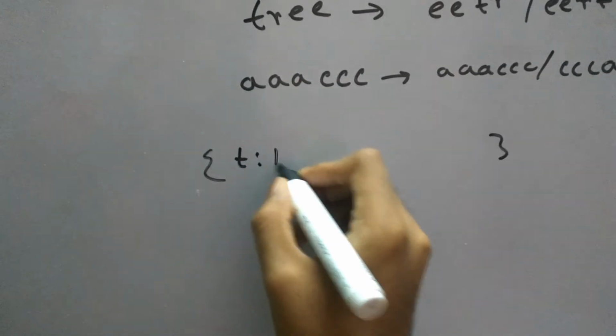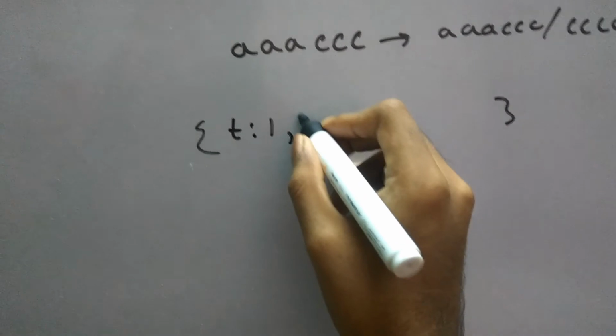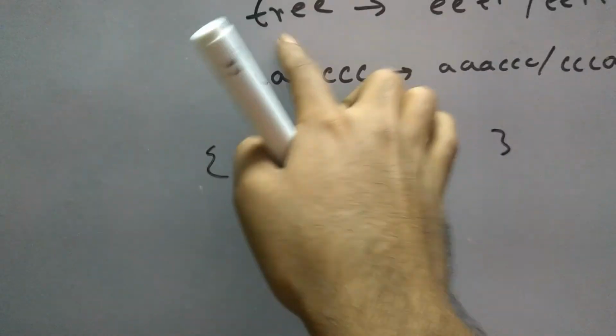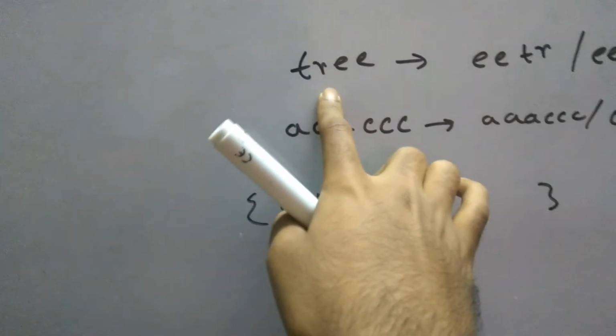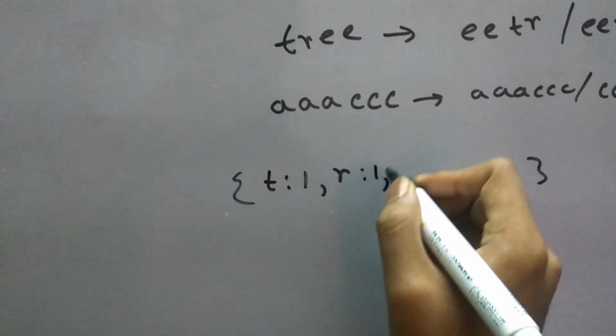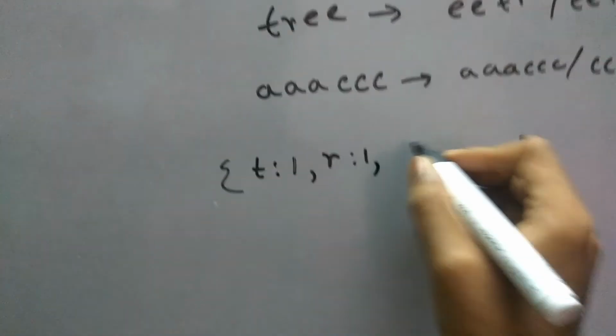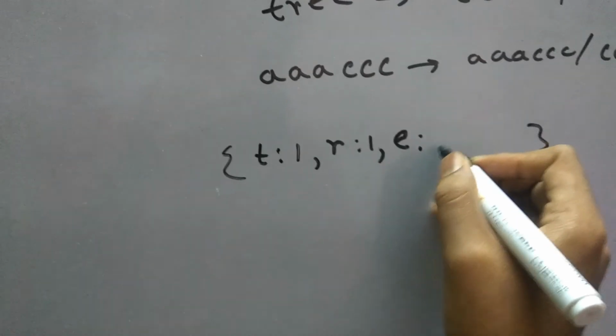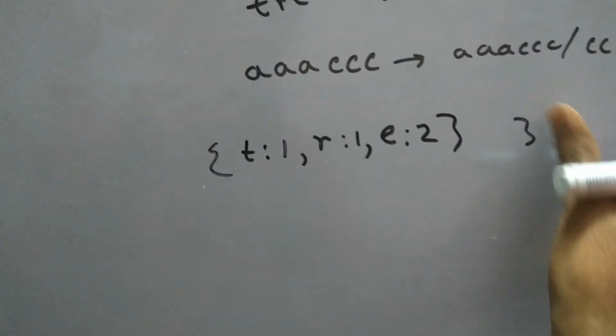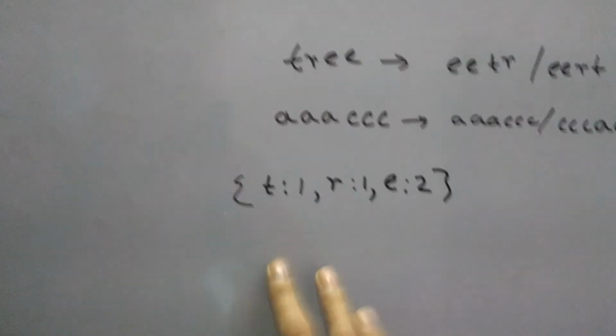T is occurring only once, so 1. Then comes R. How many times is R occurring in this string? Only once, so 1. Last of all, E. How many times is E occurring in this string? Twice. So that completes my hash map.